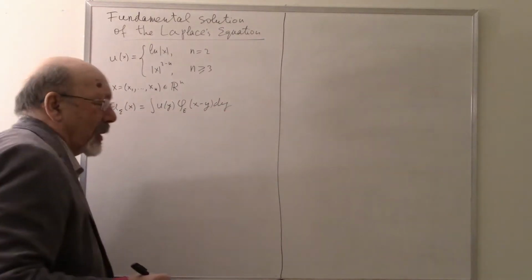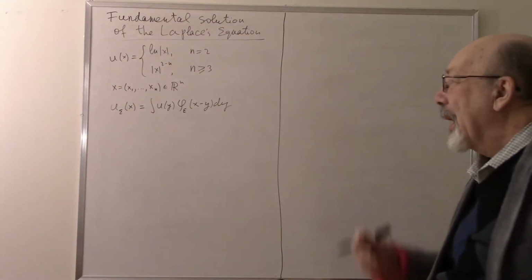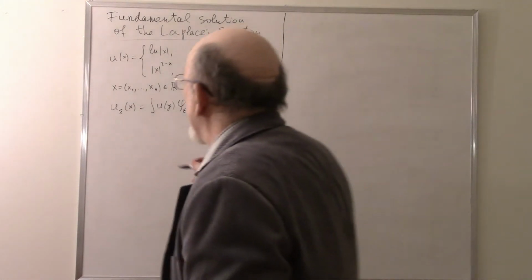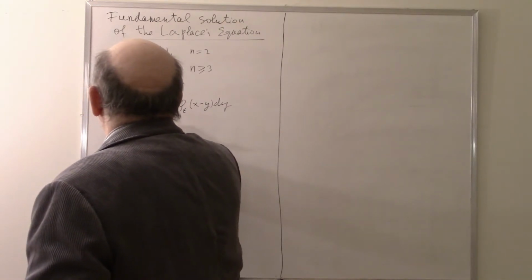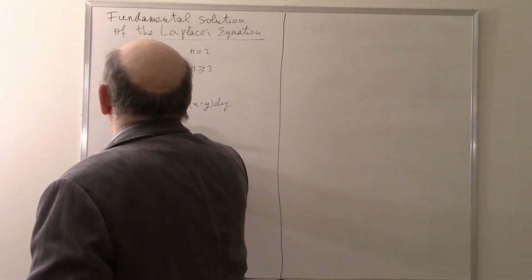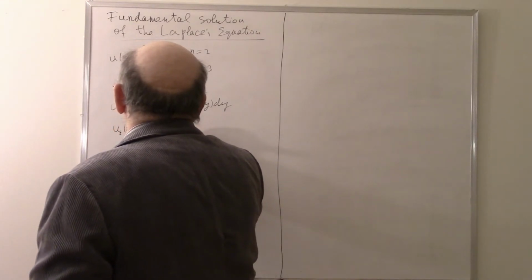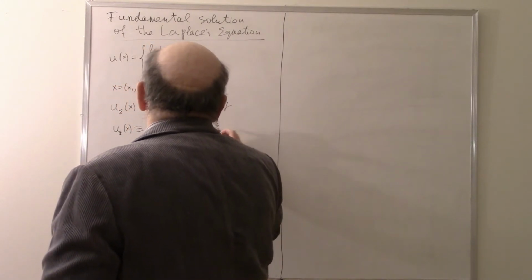So it is a modified function u of x, and I proved the following thing: that u epsilon of x is equal to u of x for modulus x more than epsilon.